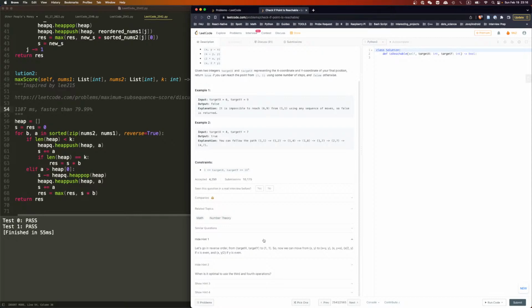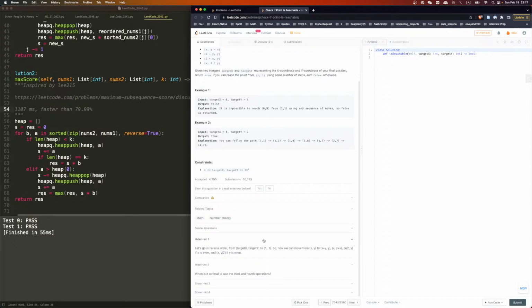It is optimal to use the third or fourth if we get to a power of 2. If it's a power of 2, we can do that. That's when it's optimal to use it. So you're saying we're trying to do all the pluses so that we can reach a power of 2.